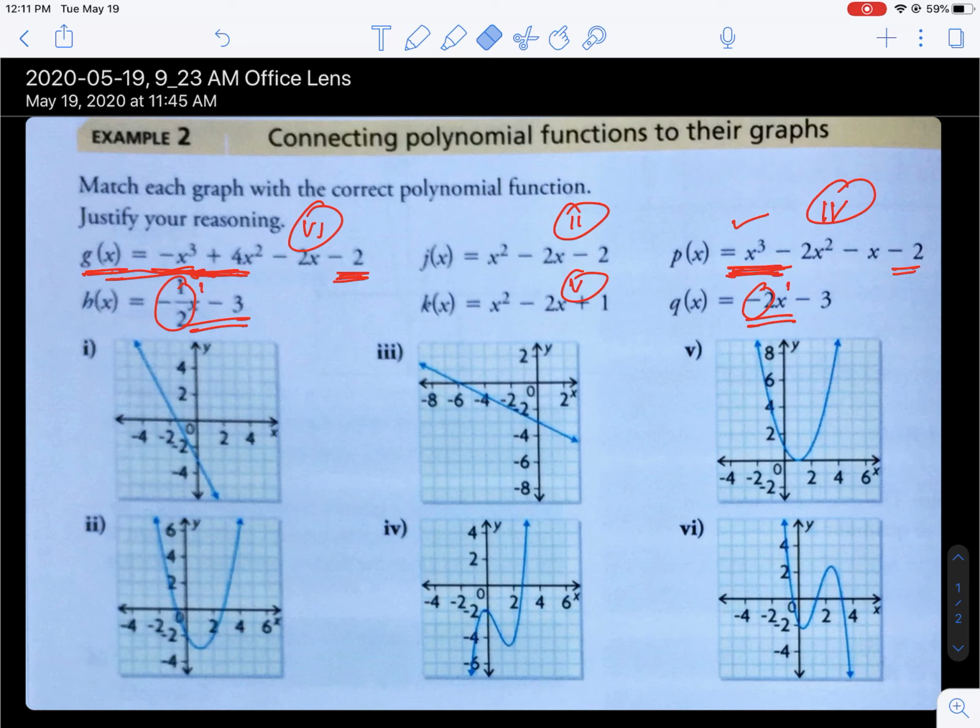But now we have to find out which one is which. Okay. So for this one, I'm going to erase this so we can make it a little clearer. For this one, the y-intercept is -3. And for this one, the y-intercept is -3 as well.